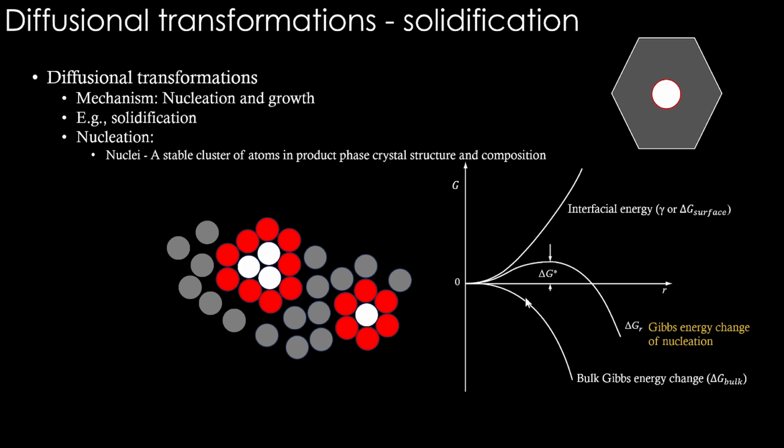And for smaller clusters, you will see that the interfacial energy, the positive value, is dominant over this negative value. Therefore, if we do the summation of both and plot them, it will be like this graph. Okay, this is delta G_R, the Gibbs energy change of nucleation, meaning the summation of interfacial energy and bulk Gibbs energy.